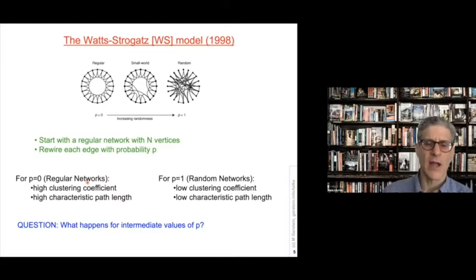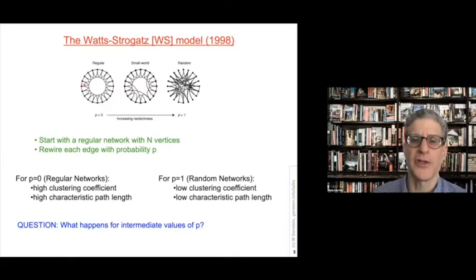In a regular lattice, all the neighbors are connected very well, but there's very little long-range connectivity. So using the terminology from last class, we'd say we have a high clustering coefficient, but a long path length. Whereas in a random network, the clustering coefficient is not nearly so high, but things are pretty globally well connected, and you have a low characteristic path length.